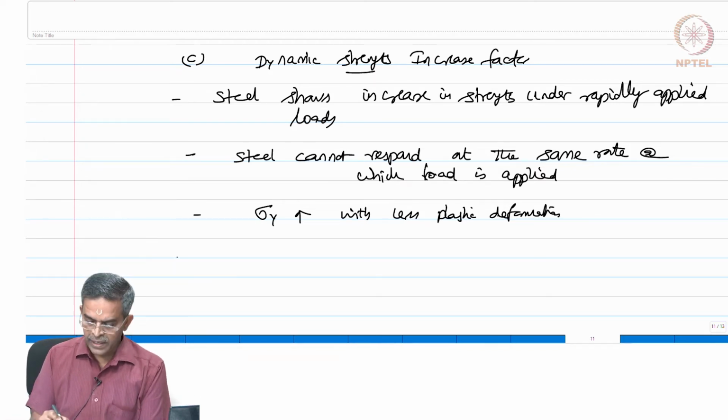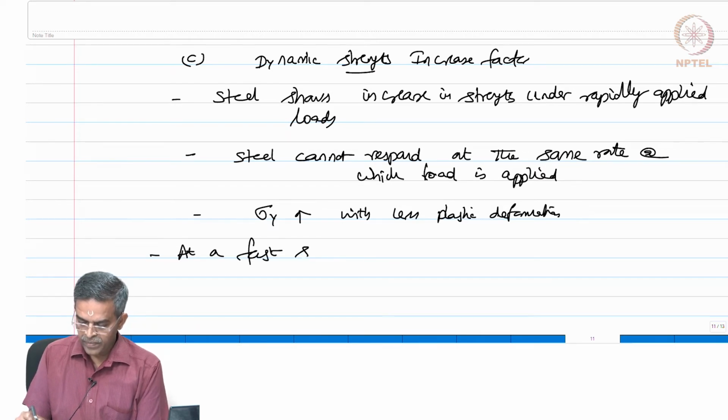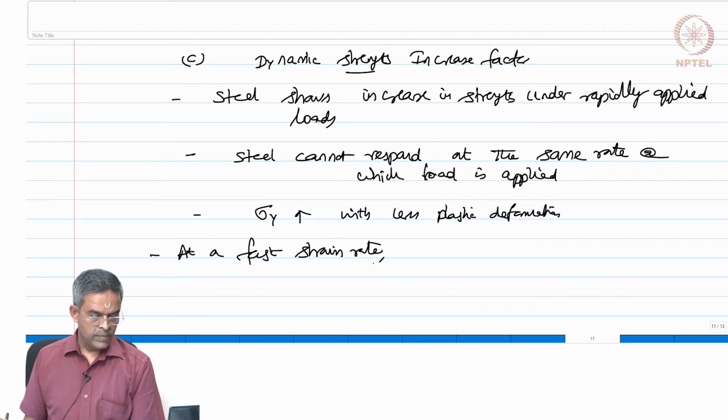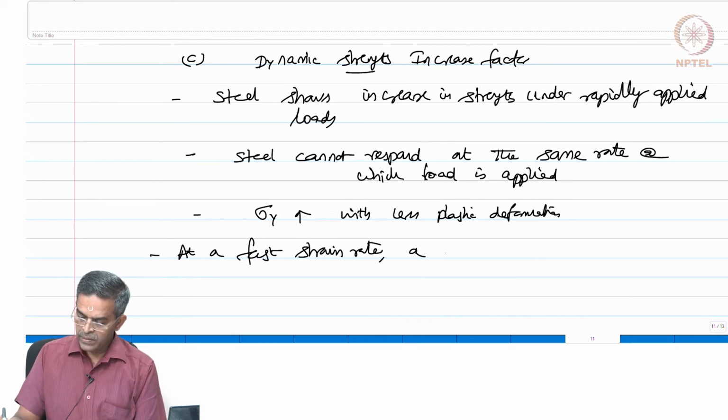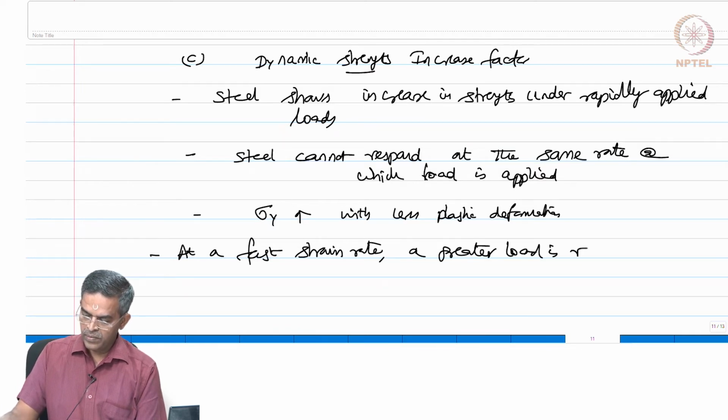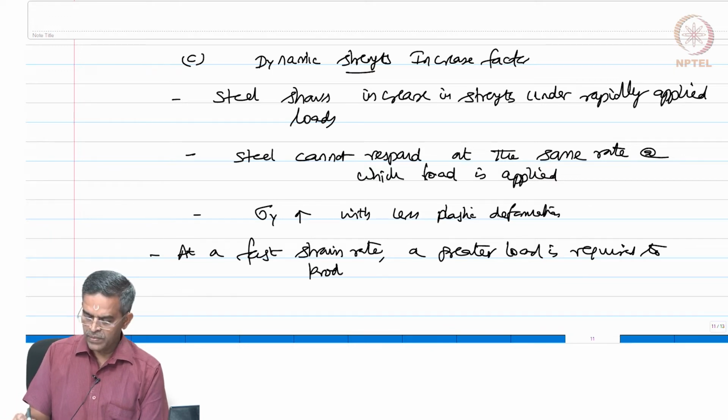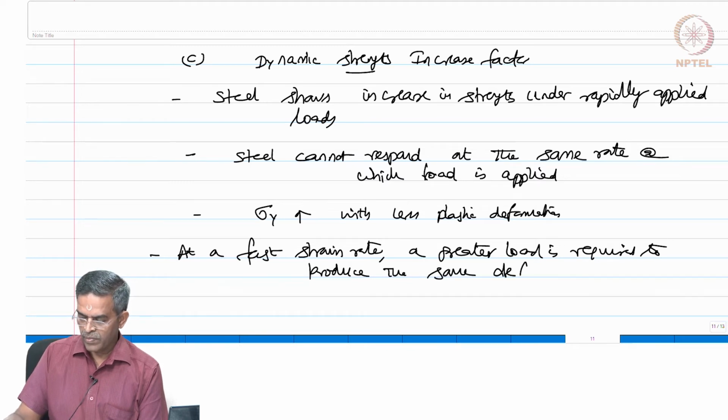At a fast strain rate, a greater load is required to produce the same deformation than that at the lower rate.